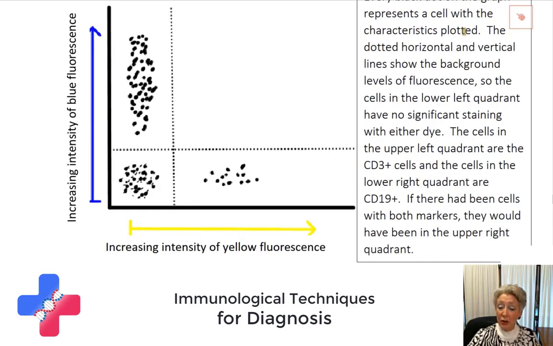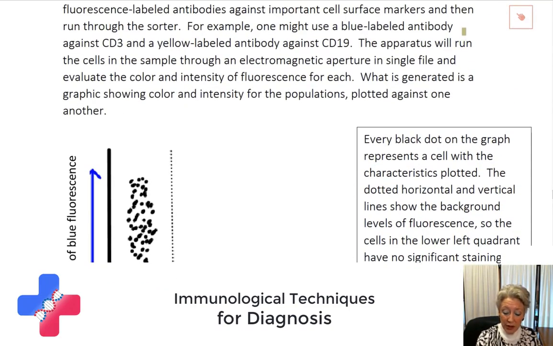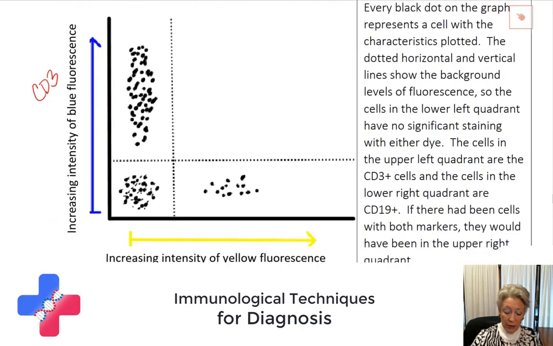If I took two dyes, a blue labeled antibody against CD3, so here is my CD3 axis, and a yellow labeled antibody against CD19, so here is my CD19 axis.